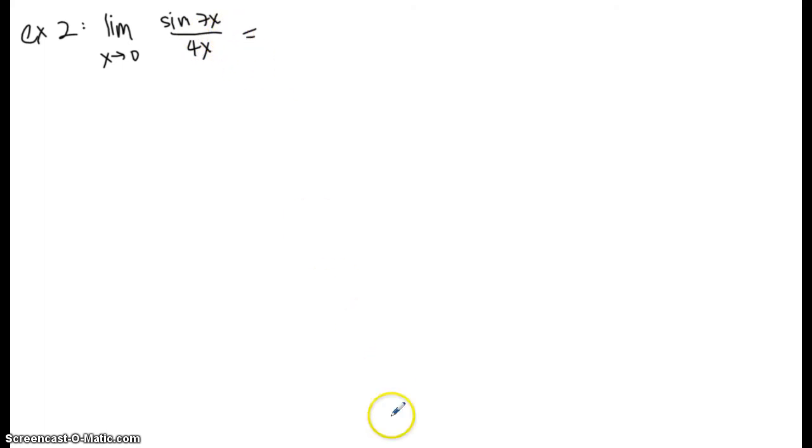I need a 7 times x on the bottom, but I can't change that number. So I'm going to multiply 7 to the bottom, and to balance it, multiply by 7 over 7, which is just a 1.